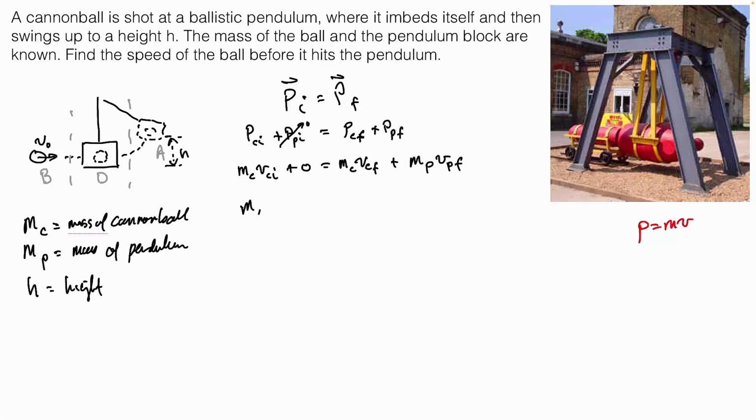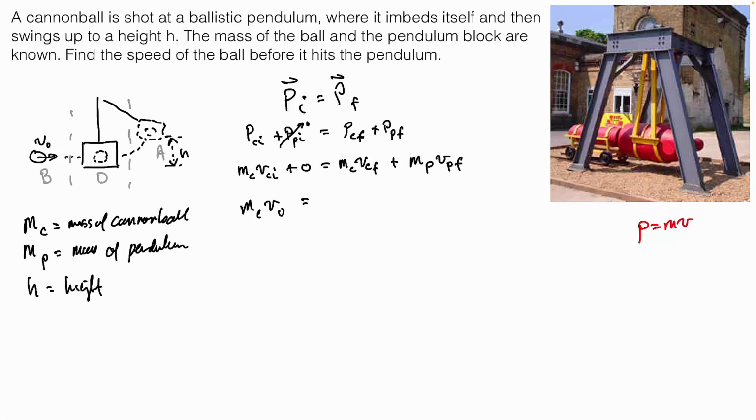Equals, okay. And then Liam said, wait a second. What do we know about the speed of the cannonball and the speed of the pendulum after they collide with each other? They're stuck together. So what kind of collision is this? This is inelastic because they've stuck together.